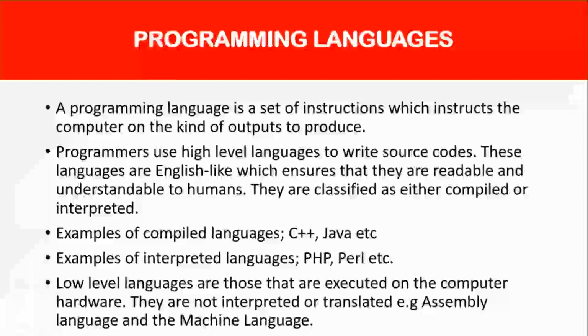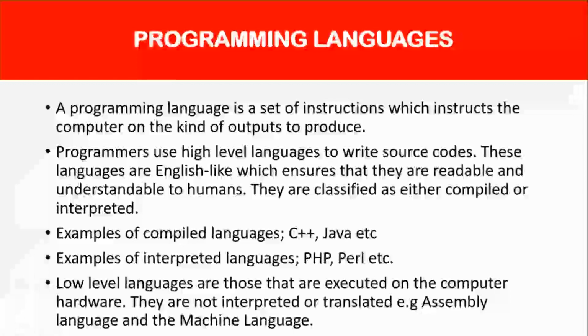Whereas interpreted languages are languages that are not compiled. So when you try to run them, your interpreter gets to tell the system what to do as the system is traversing through the lines of code you've written.